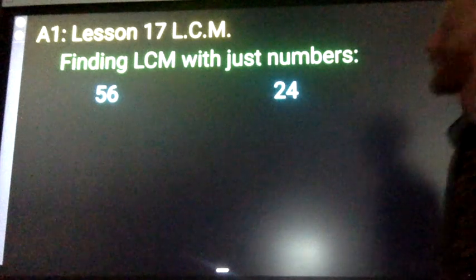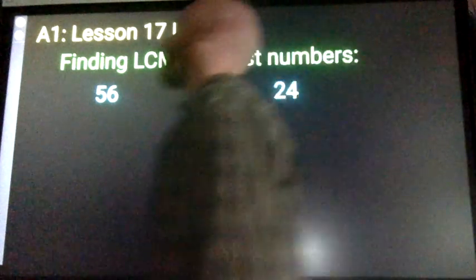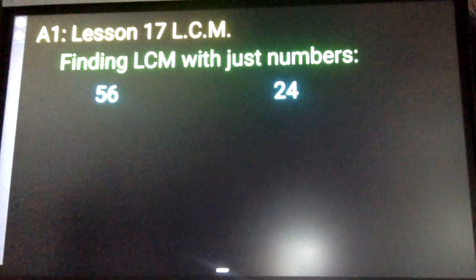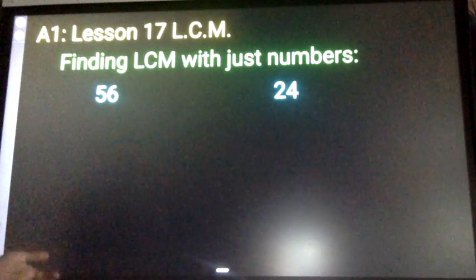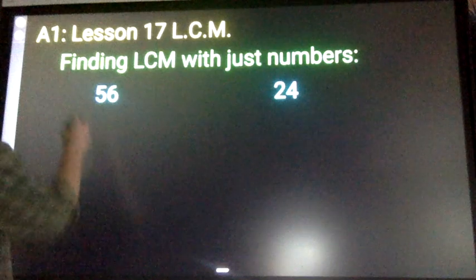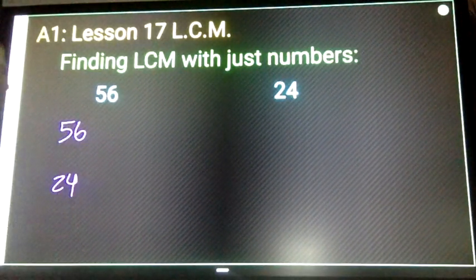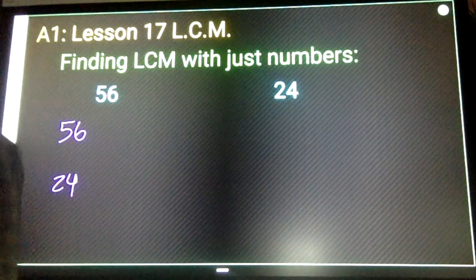All right, finding an LCM. I'm going to show you two ways to do this again, and you can choose which one you want. Way number one, 56, 24. Count by 56s.